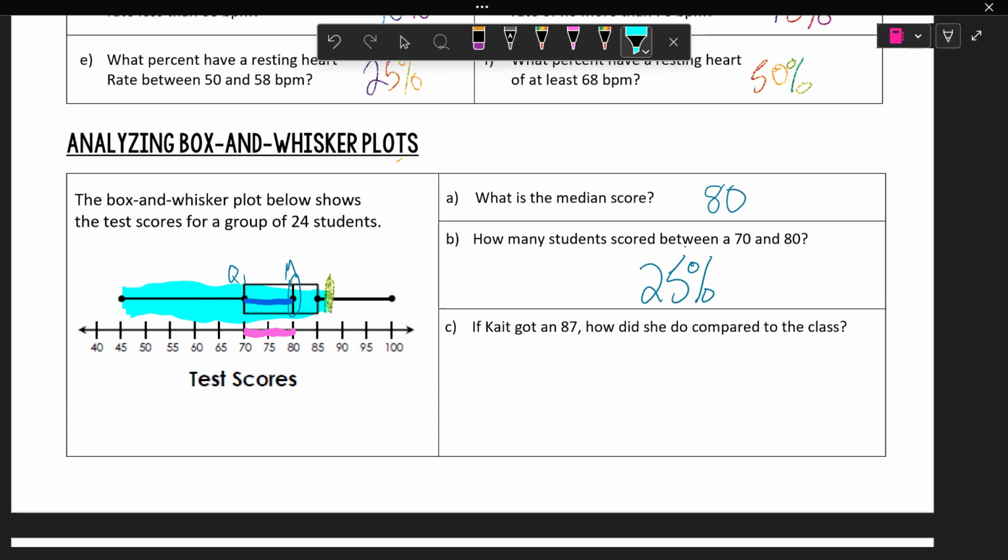They did better than all these people. So we know it's 1 section, 2 sections, 3 sections at least. It's a little bit more, but we can't tell exactly how much more. So we can say at least 75%.